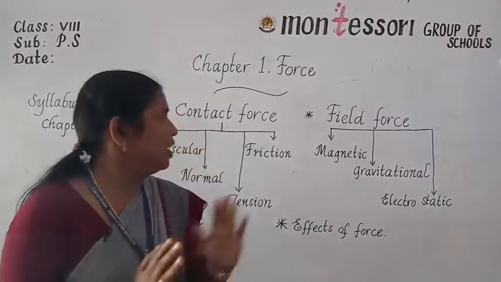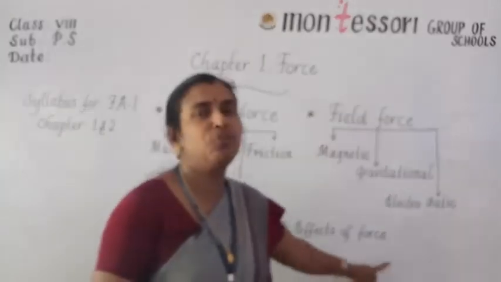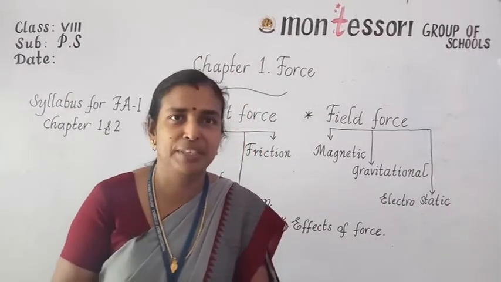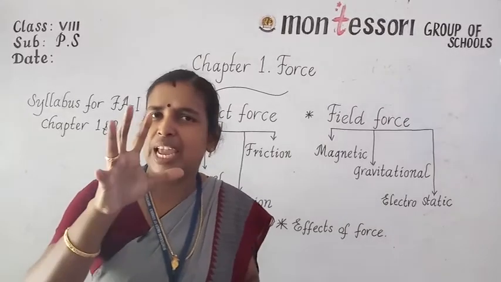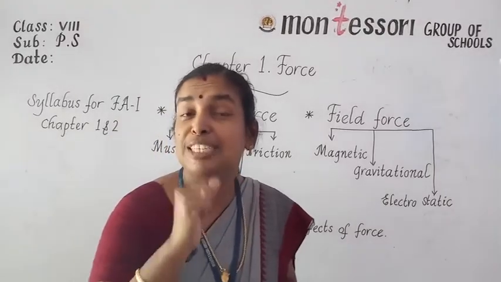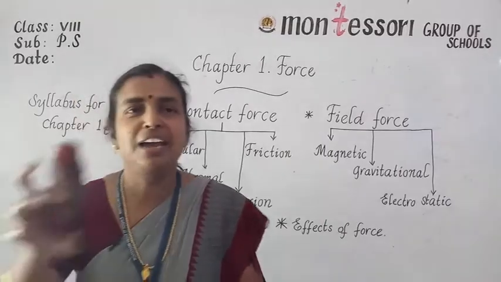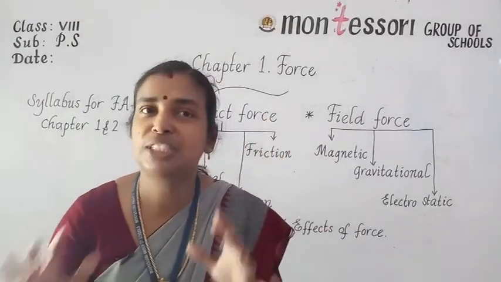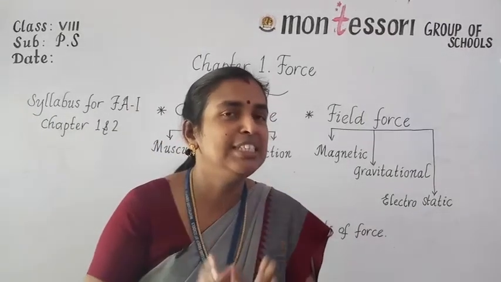So now let us discuss the effects of force. When you apply force on an object, what happens? Take some clay and apply force. Its shape will change. I have a duster, you can change its shape. So when you apply force, the object will change its shape.